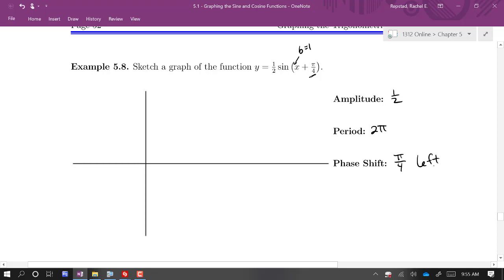And I'm going to keep that in mind as I mark out my x-axis. I'm going to make sure I have room to move to the left by pi over 4. So here's 2 pi, there's pi, pi over 2, 3 pi over 2. My amplitude is 1/2.